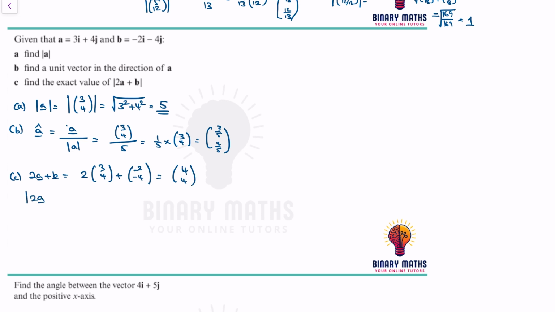So the magnitude of 2a plus b is the magnitude of (4, 4), which is equal to the square root of 4 squared plus 4 squared, which is equal to the square root of 32, which is root 16 times root 2, so it's 4 root 2.